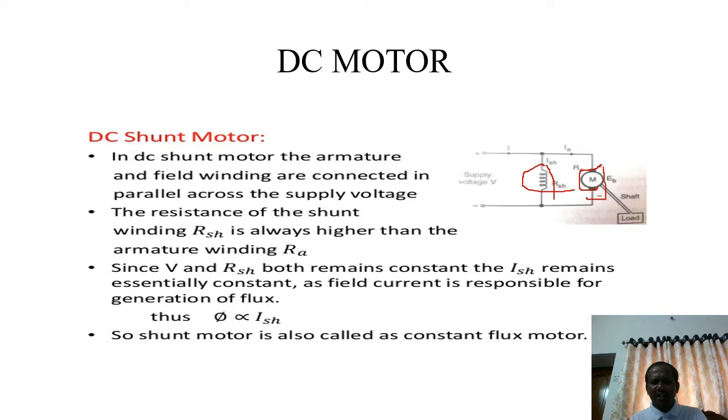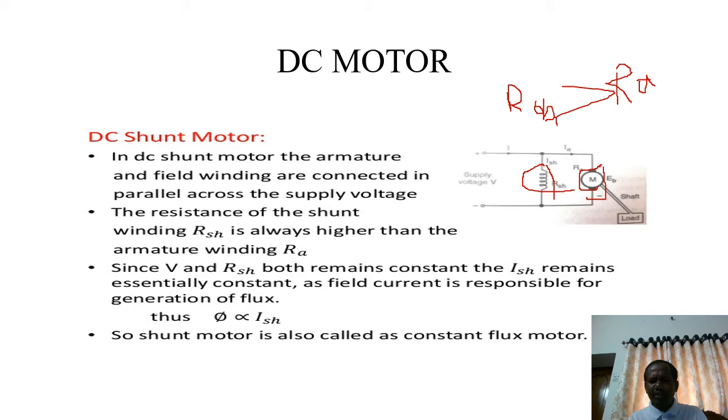The resistance of the shunt field winding is RSH. This resistance is always greater than the armature winding resistance RA. So here RSH is greater than the armature resistance RA.